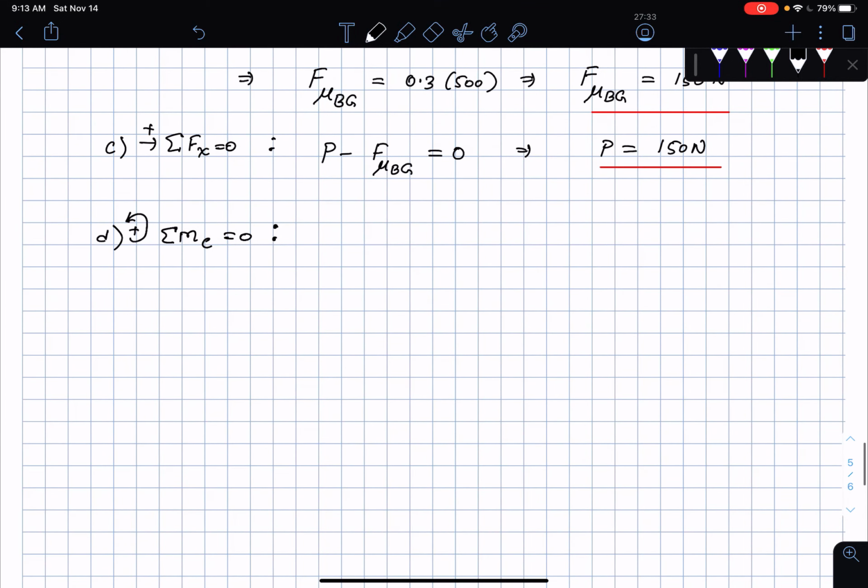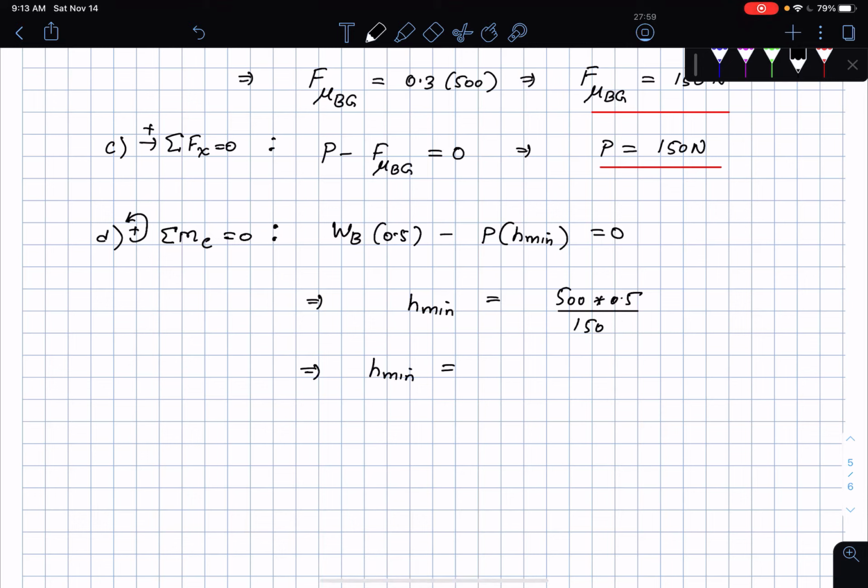Okay, so this is going to be WB times 0.5 minus P times H minimum is equal to 0, which means that H minimum is WB, which was 500, times 0.5, and all of this is divided by 150. Okay, so if I do this, I get this to be approximately 1.6 meters. Now I go and check and see.